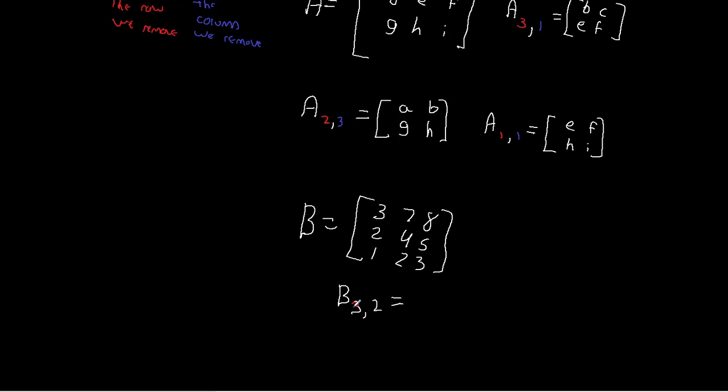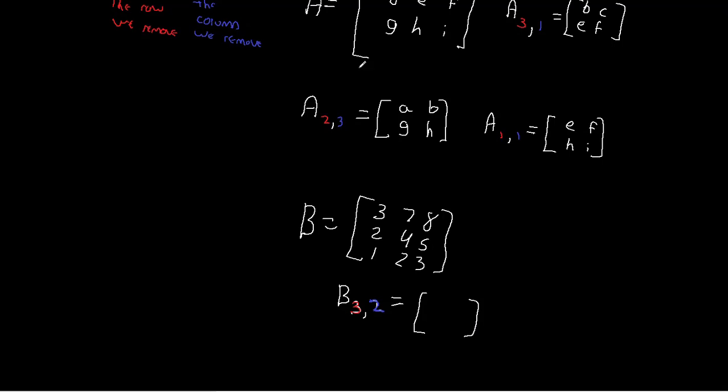I'm going to write over these with red, 3 and 2. Let's quickly talk about what we're going to end up with. We're removing one row and one column, so we're going to end up with a 2 by 2 matrix. This is the exact same example that we talked about before.